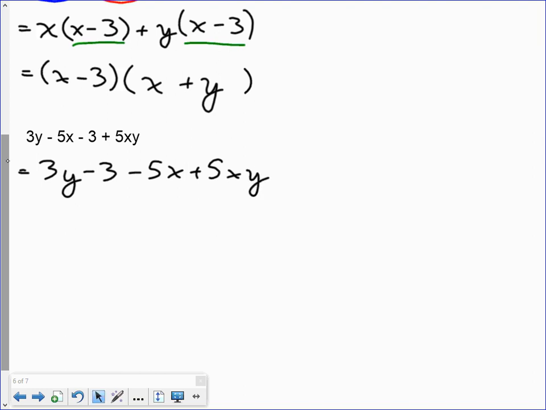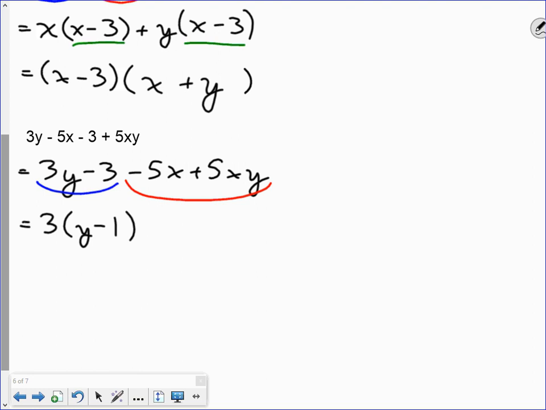Then I'm going to group these two terms together, and I'm going to group these two terms together and try to do my common factoring. So for those blue terms, the 3 is common. I'll be left with y minus 1. Okay, 3 times y gives me 3y. 3 times negative 1 gives me negative 3. What about those red terms?